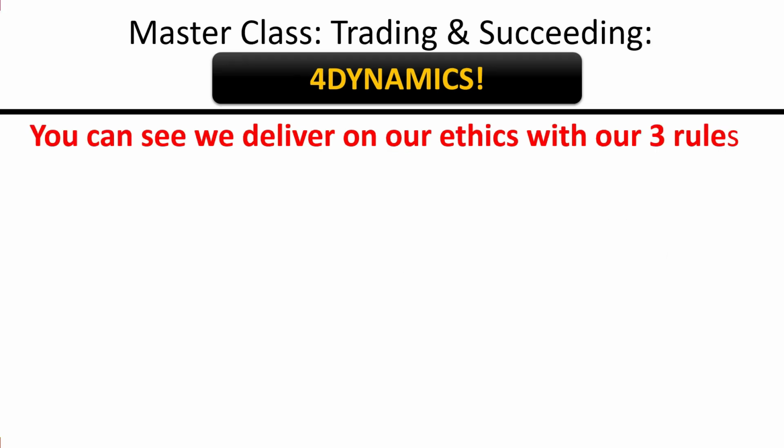Now, you can see that we deliver on our ethics. I'm sure you can see that. The 4 dynamics are our ethics, but one of the main things is our 3 rules. And our 3 rules is that we help people. That's key, and you can see that with our clients within the secret players group, within the members area, within the war room. You can see that we help people.